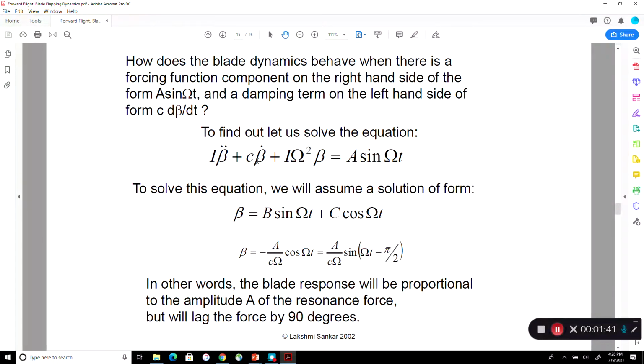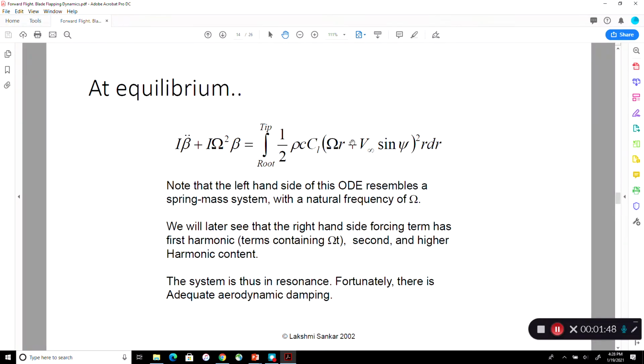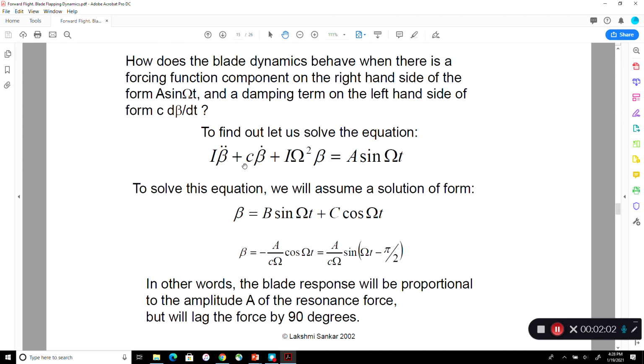In the real world, we don't have an artificial or mechanical damping at the hinge. The aerodynamics itself provides the required damping. So it's got a beta dot term somewhere buried in here, which we will develop later on. Therefore, it provides adequate damping by itself. But here we are saying there's a damping.